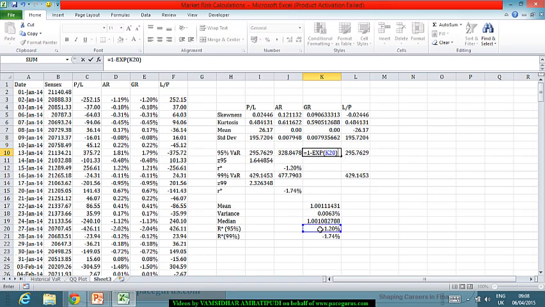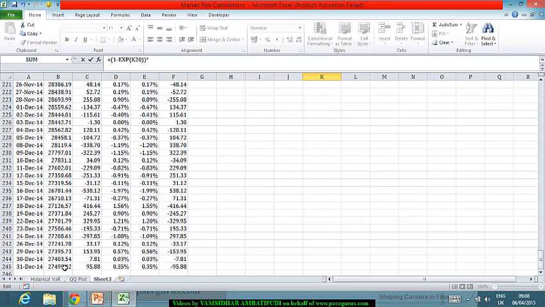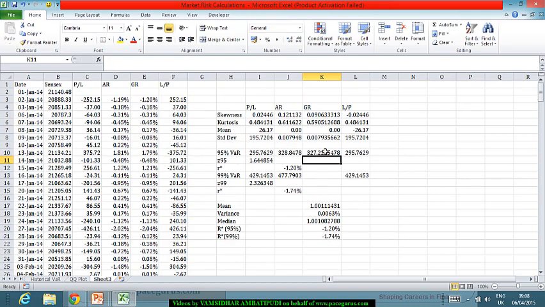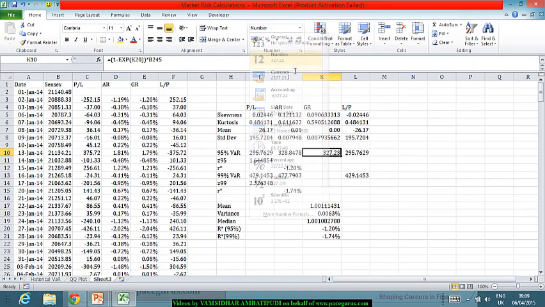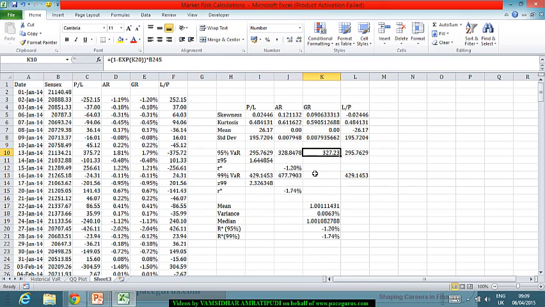For 95%, this is the R star. 1 minus e to the power of R star, that I am multiplying with the previous price, which is telling me that through this mechanism, the 95% value at risk is around 327.23, slightly lesser than the assumption of arithmetic returns following a normal distribution.